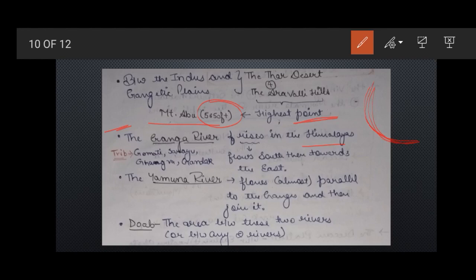Now, a few tributaries of the Ganga are as follows. First is Gomti, second is Saryu, third is Ghaggar, and the fourth one is Gandak.